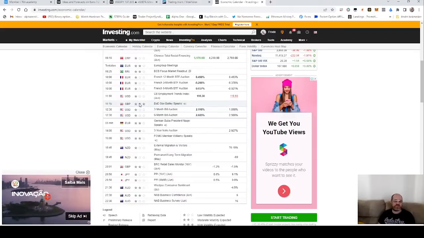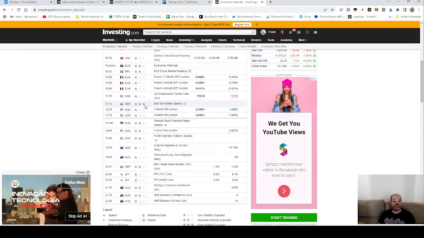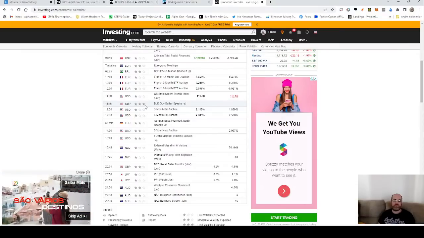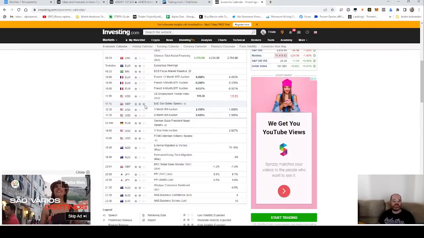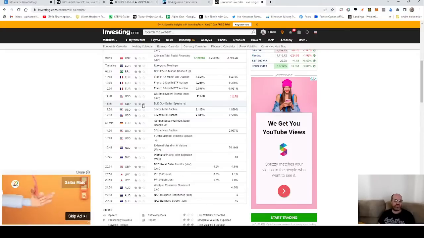Because when you have 3-star news, you can get a spike that can break support and resistance. You never trade when you have 3-star news. But you can see the rest of the day, 2 stars, we trade. So the rest of the day it's always nice to trade.